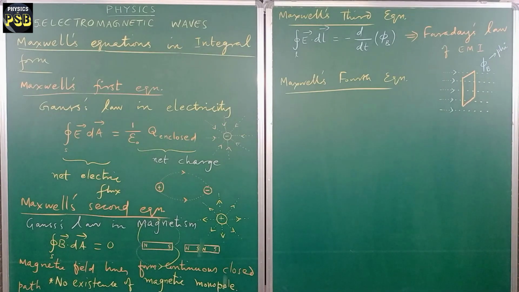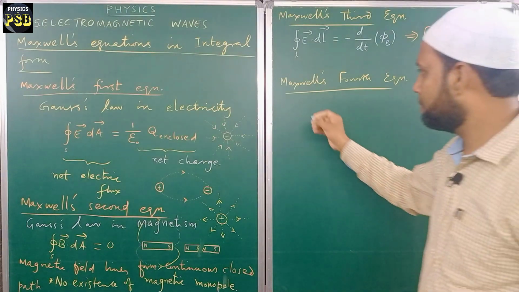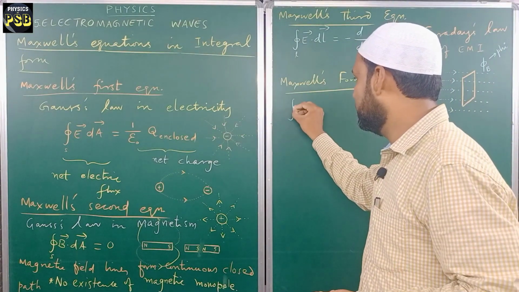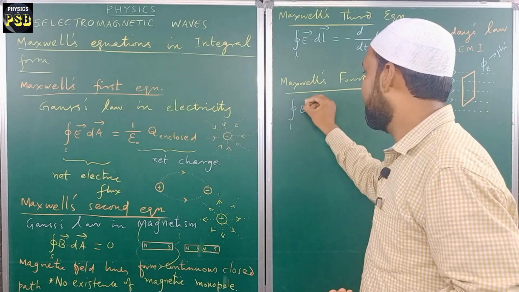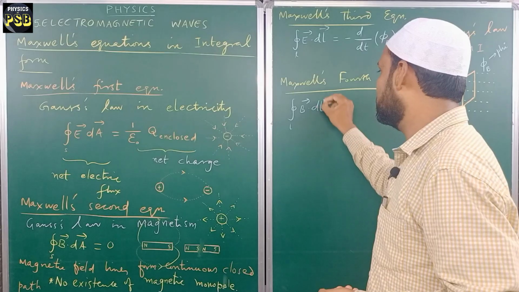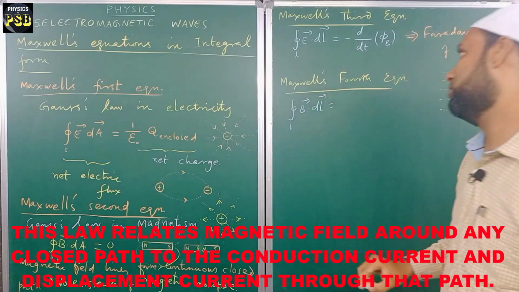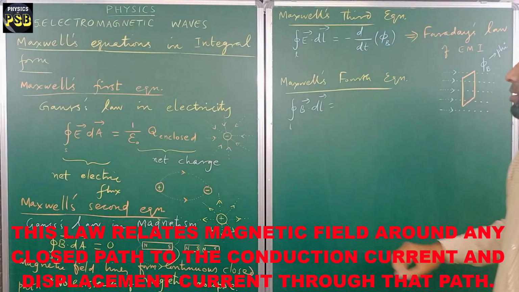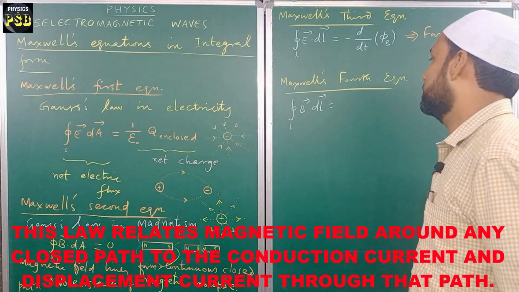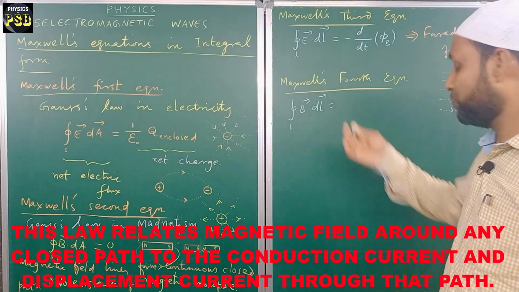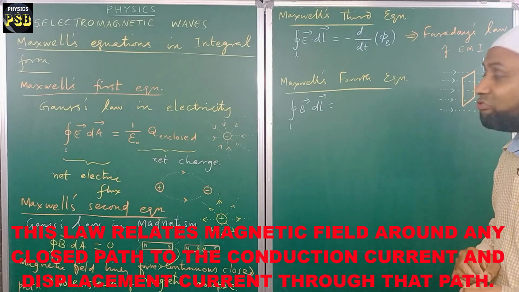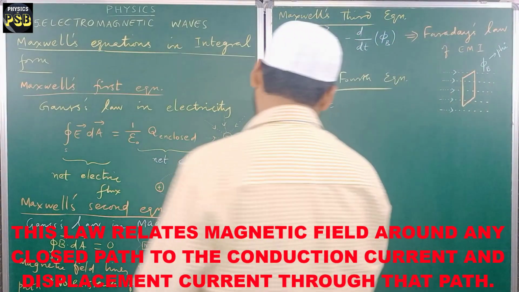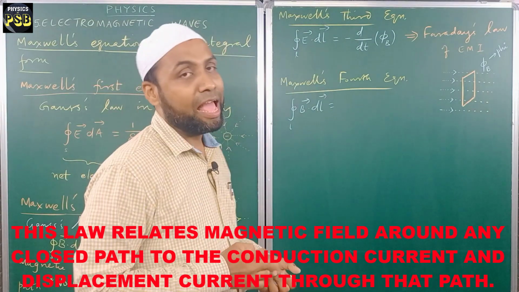Maxwell's fourth equation says that the line integral of a magnetic field over a closed surface. Basically speaking, Maxwell's fourth equation is a modified form of Ampere's circuit law.